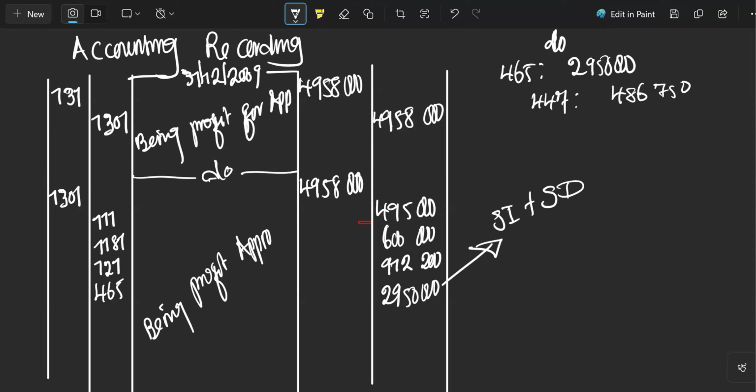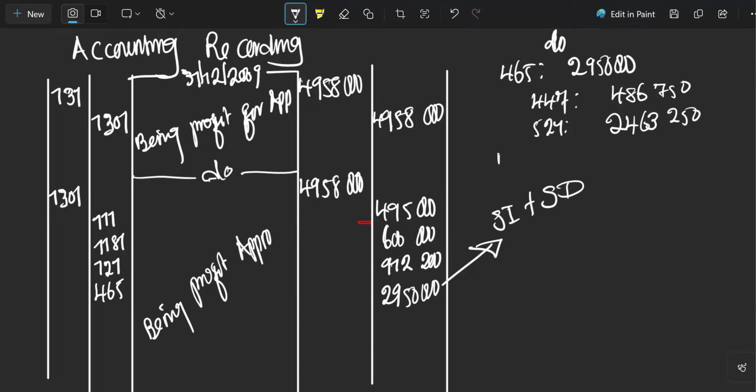I want you to note that this amount is 16.5% of this. We calculate 16.5% on this amount, 2,950,000, and then the balance is 83.5%. It's going to give us 2,463,250. So this one is being payment of dividend on this day.